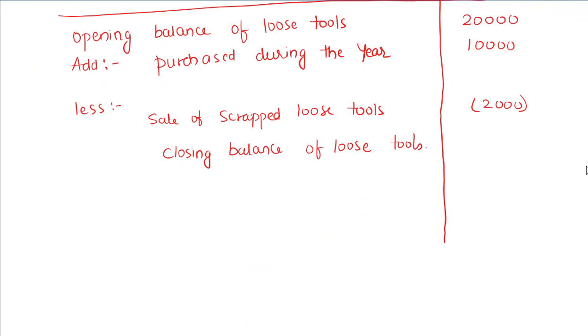So closing balance of loose tools is 12,000. So 20,000 plus 10,000 minus 14,000. So 30,000 minus 14,000 is 16,000.